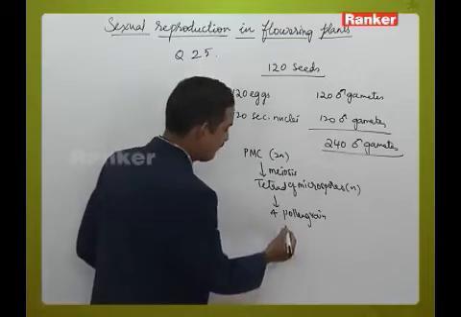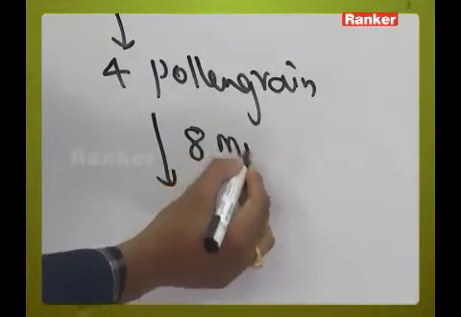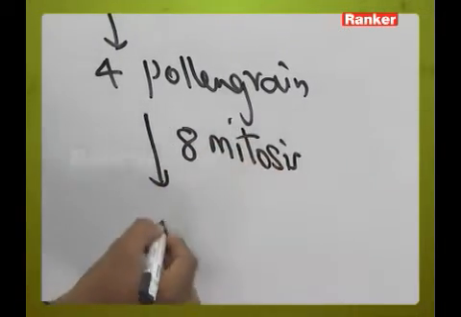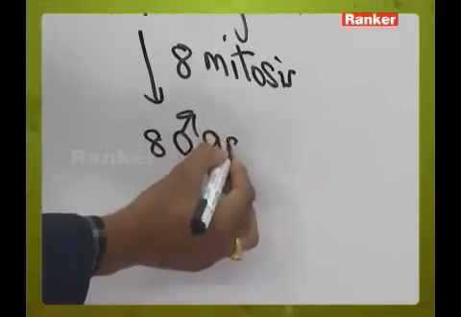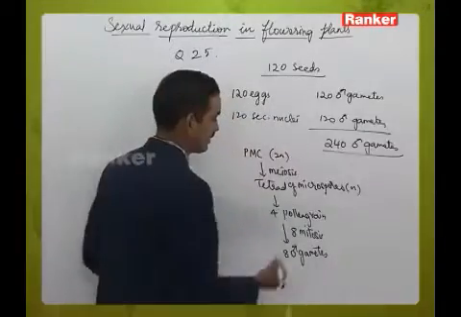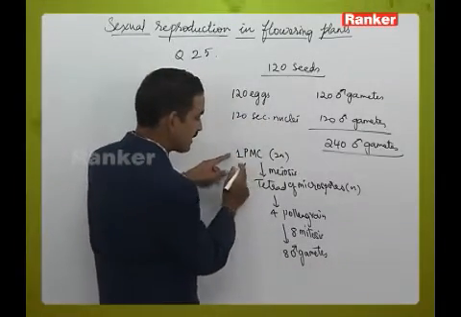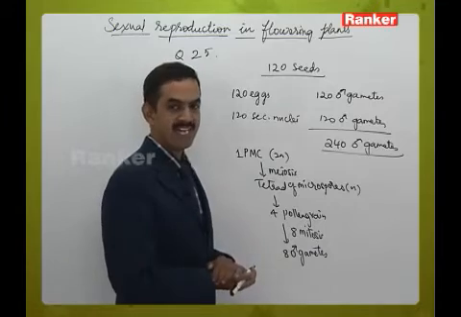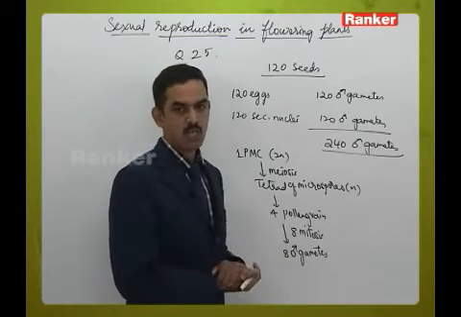Based on that, we can say that a total of 8 mitoses will take place to produce 8 male gametes from 4 pollen grains. That means one pollen mother cell gives rise to 8 male gametes by 8 mitotic divisions.